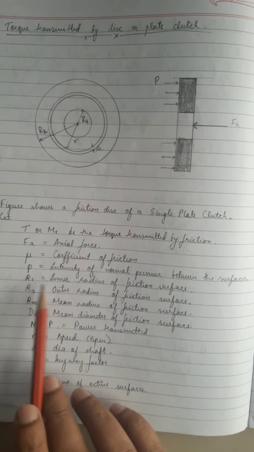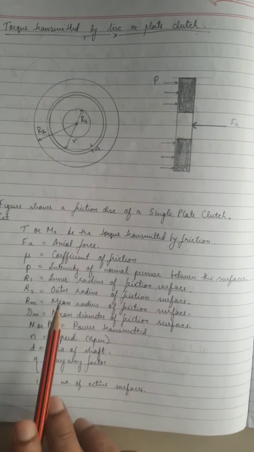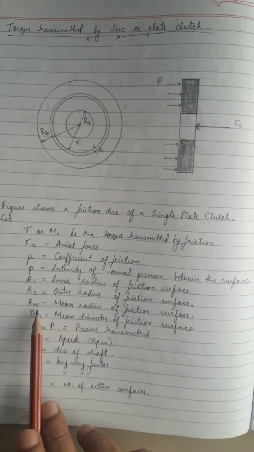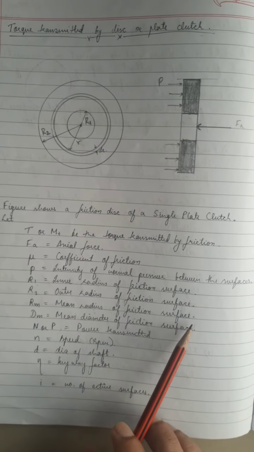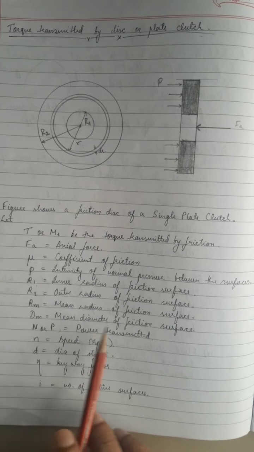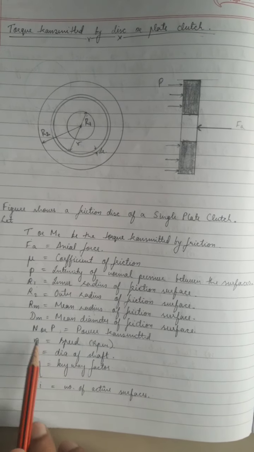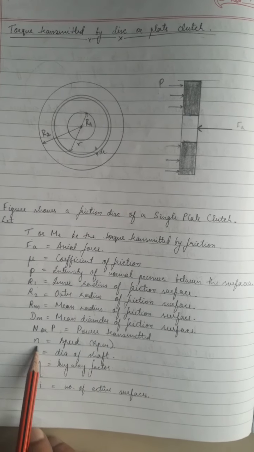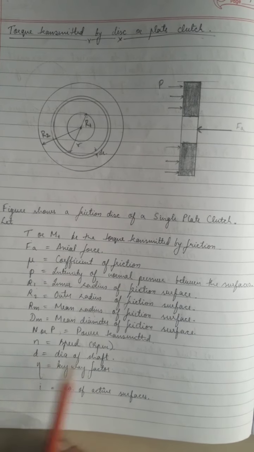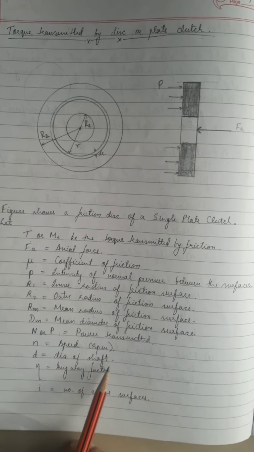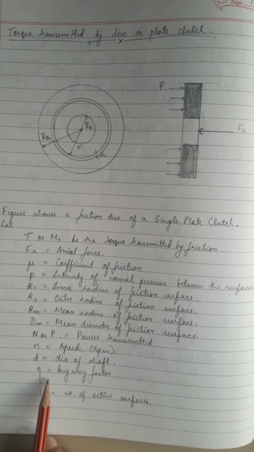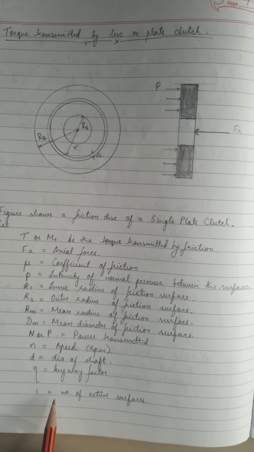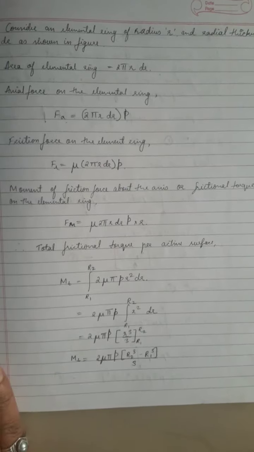As I said, R1 is the inner radius of the friction surface, R2 is the outer radius of the friction surface, Rm we can say mean radius of friction surface, Dm is the mean diameter of friction surface, capital P is the power transmitted, small n is the speed in RPM, small d is the diameter of the shaft, mu is the keyway factor, and small i is the number of active surfaces.